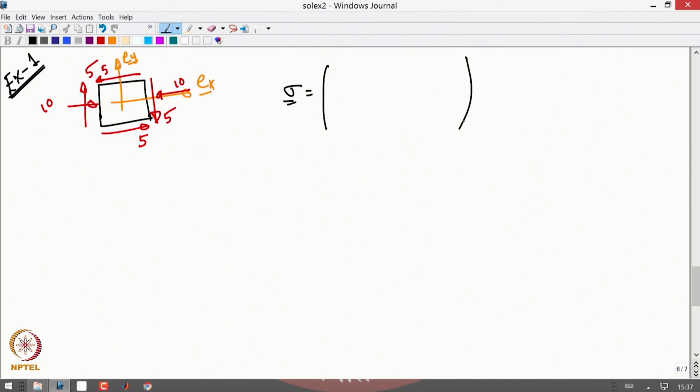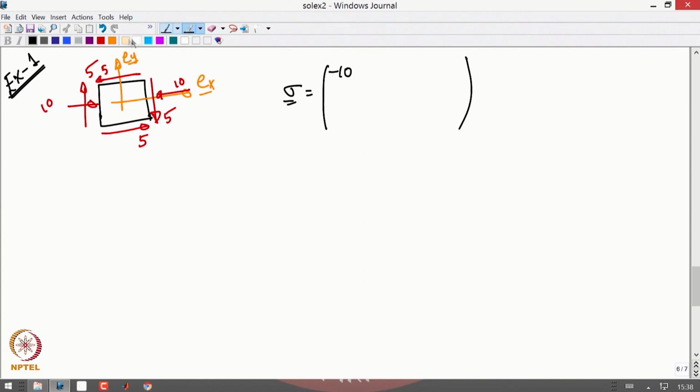So, you find that on the area where the normal is pointing along the positive x direction, you have normal stress pointing opposite to the positive coordinate direction. So, that will be a negative sigma xx stress, that is minus 10.